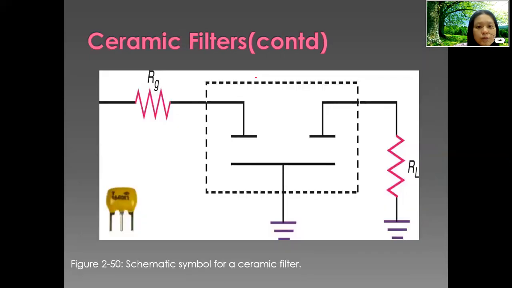Now we go to ceramics. This figure shows what the ceramic filter looks like. The ceramic filter has three legs. One is the input, the output goes to the RL load resistor, and another leg is to our ground.